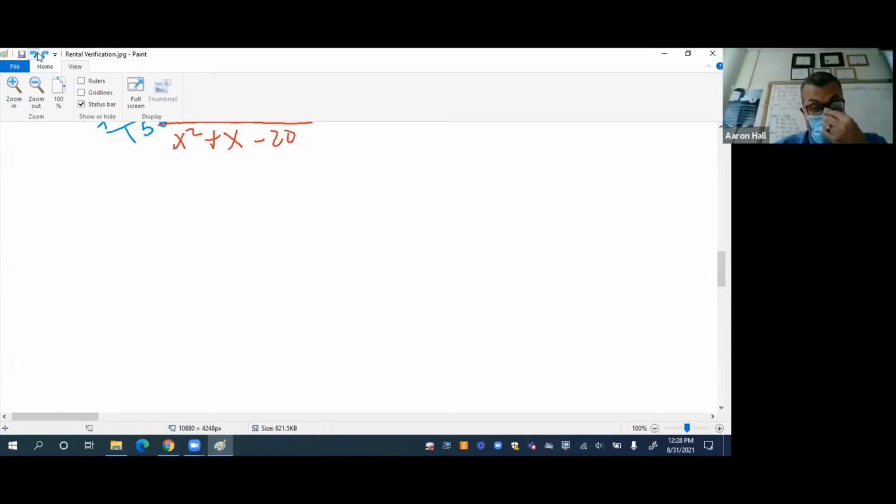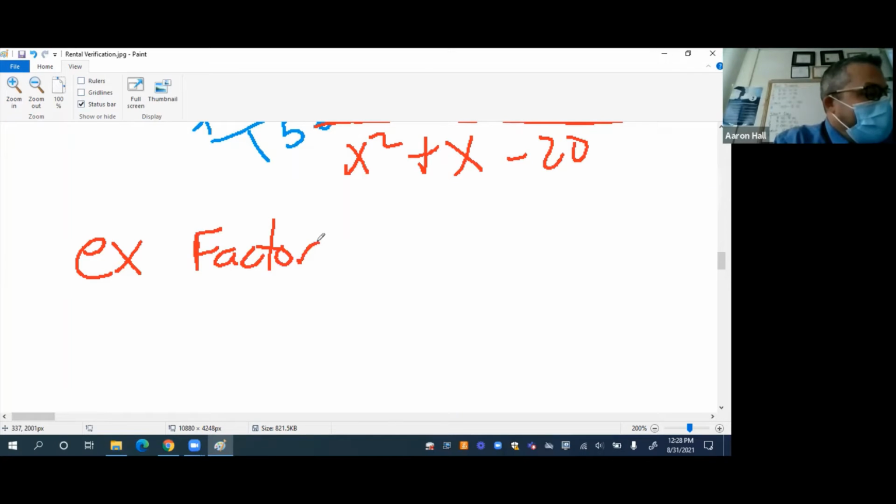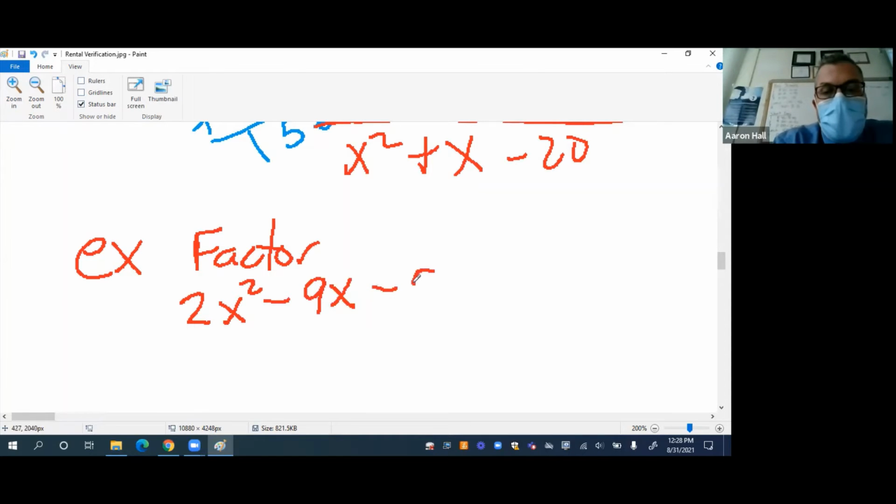My glasses are fogging up as well. So I want to factor 2x squared minus 9x minus 5.